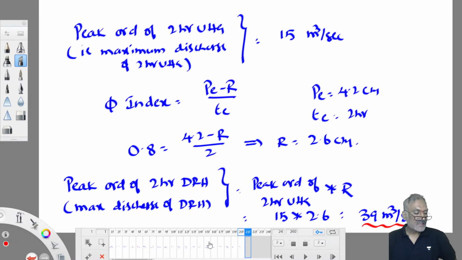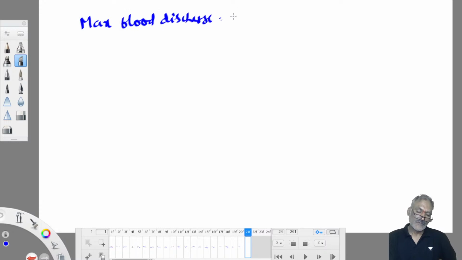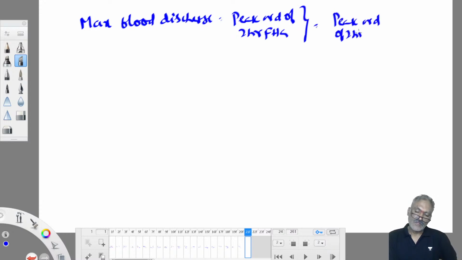Then he is also asking for the maximum flood discharge. Maximum flood discharge is nothing but the peak ordinate of the 2-hour flood hydrograph. To the peak ordinate of the 2-hour direct runoff hydrograph, if you add base flow, then you will get the maximum flood discharge.